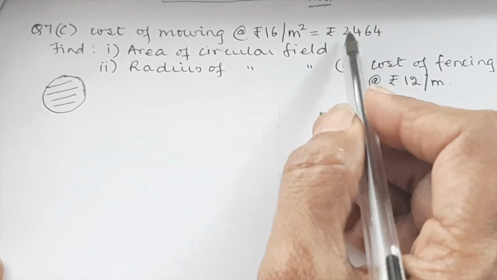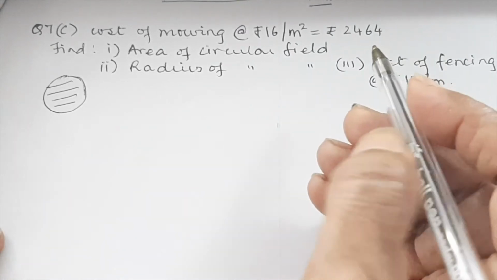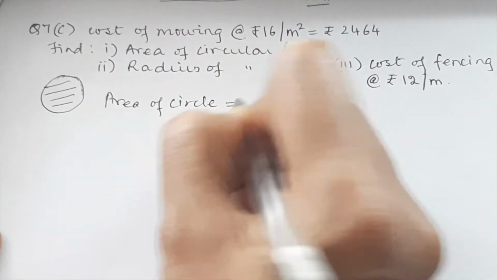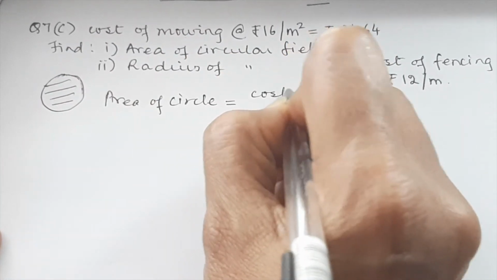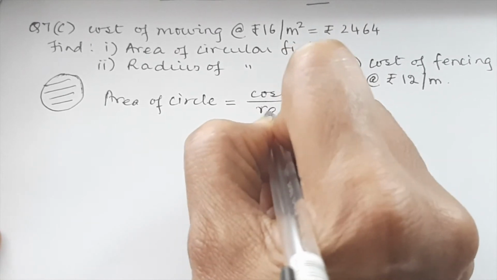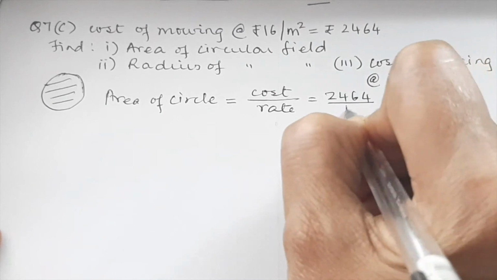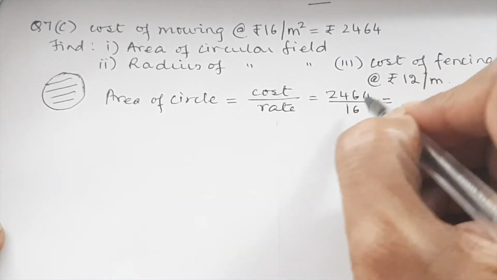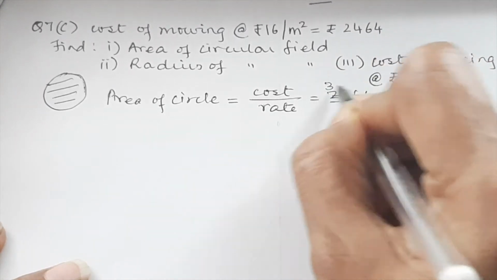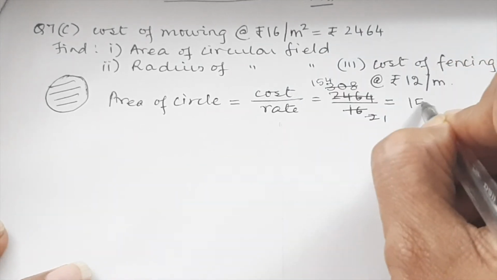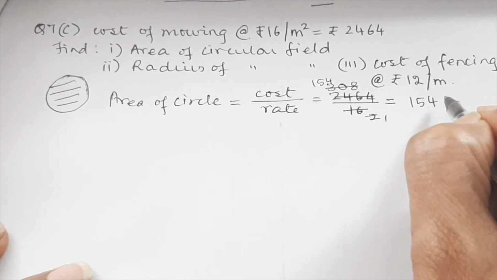So if I want the area, I'll say 1 meter square costs 16 rupees. So these many rupees will be for how many square meters? So we will have area of circle will be equal to the total cost upon the rate. That will give us 2464 upon 16, and that gives us 154 meters square.